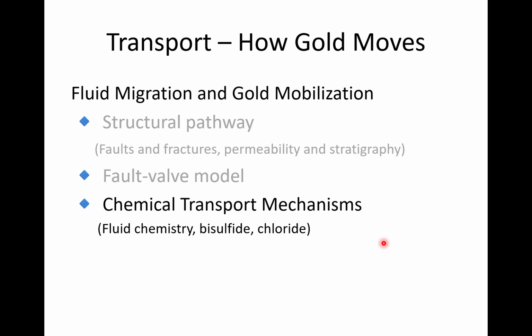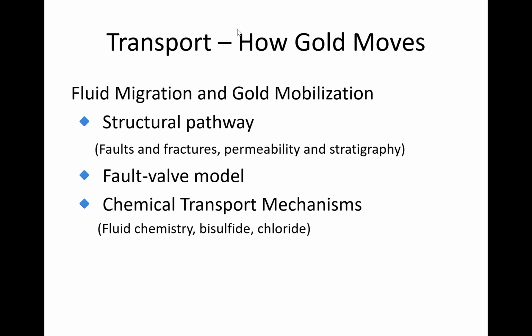The presence of other elements such as tellurium or arsenic, which can form complexes with gold, also enhances transport. Notably, sulfur is a critical ingredient. Most gold deposits are associated with sulfide minerals, indicating that sulfur-bearing complexes carried and then released the gold.